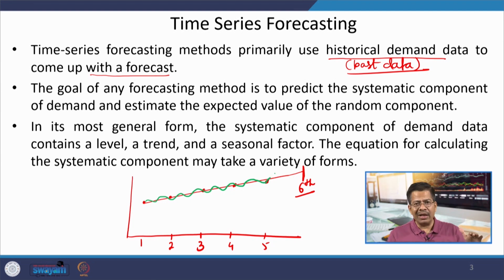It is not a straight line like the red line, it is actually a zigzag line, this green line, and therefore, it is not so easy to say how this zigzag line will move, whether it is like this or it is also possible like this. All these are the possible values which may be there in the sixth period, because there is a random variation happening in your demand data.